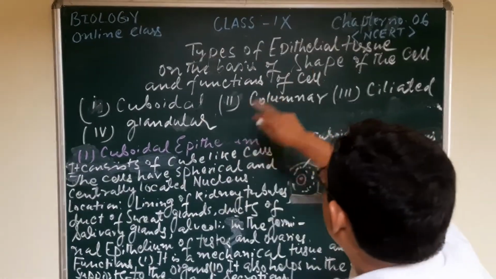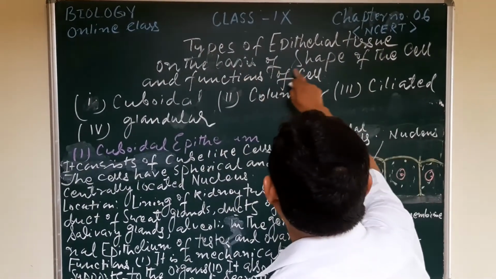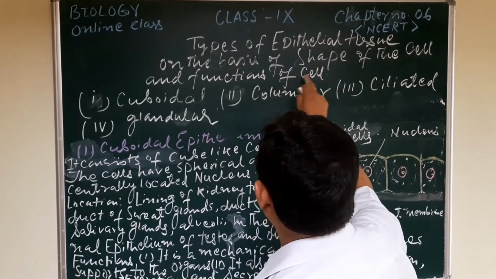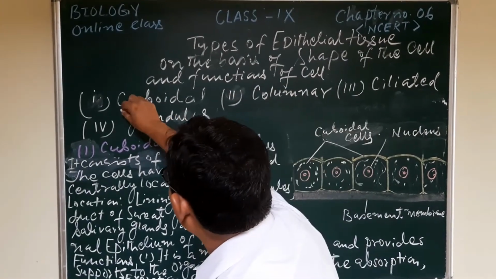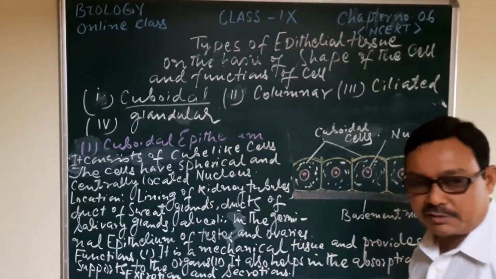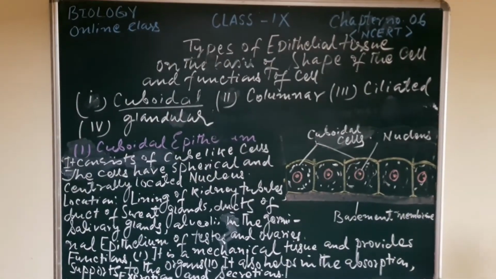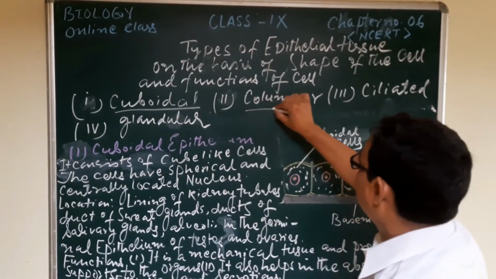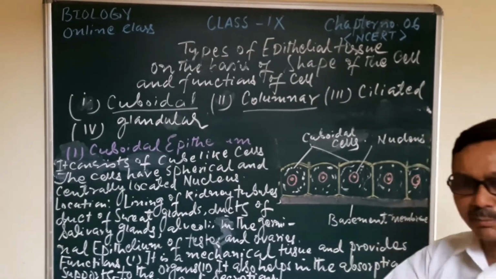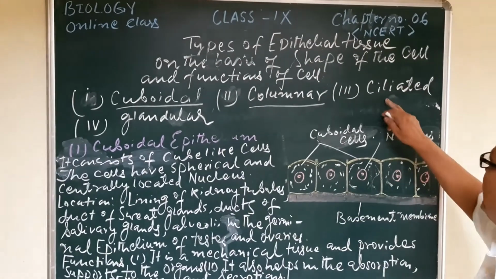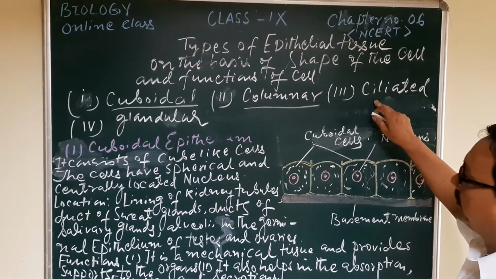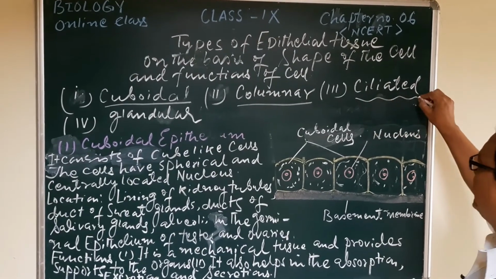Here look at the types of epithelial tissue on the basis of shape of the cell and functions of cells. Number one, cuboidal, that means the cube-like shape. Columnar, that means the column or pillar-like cells. And the third one is the ciliated.